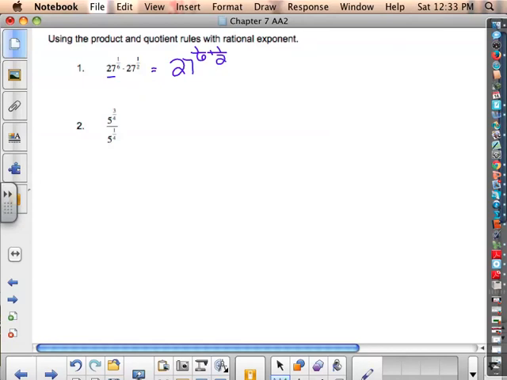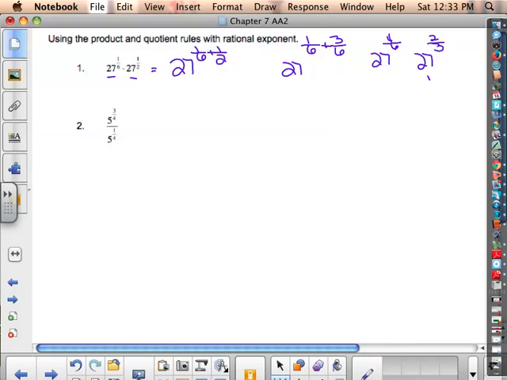I have like bases. I'm going to add those exponents. So that means I have 27 to the 1/6 plus 3/6, which gives me 27 to the 4/6, which is 27 to the 2/3. And some of you might recognize that 27 is actually 3 to the 3rd.